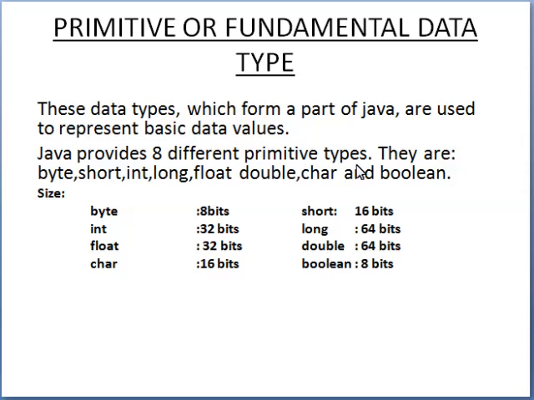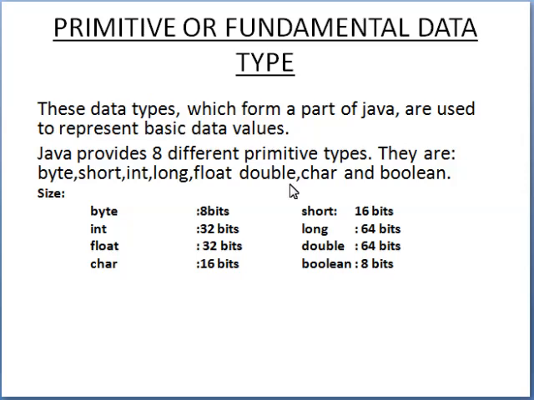They are byte, short, int, long, float, double, char, and boolean. If it is integer data, you give the data type as int. If it is float, you write float. If it is a character, we write char.